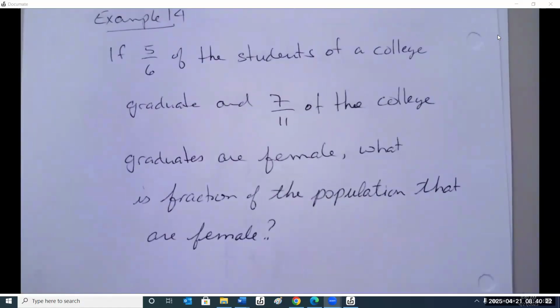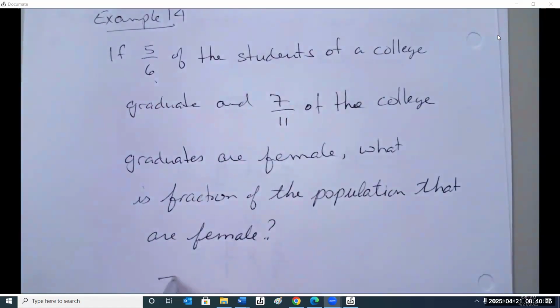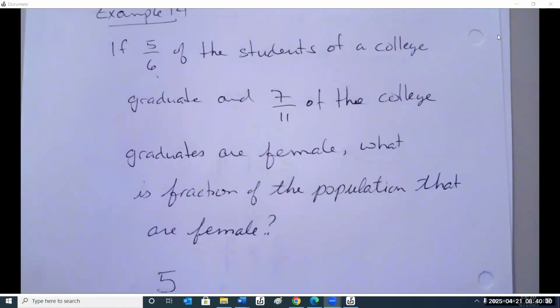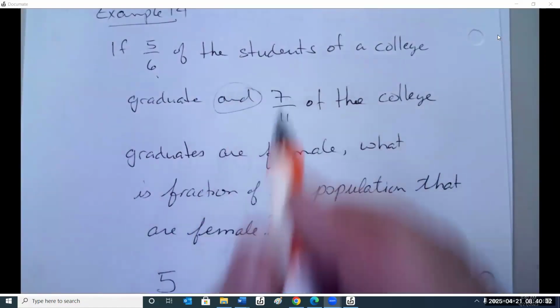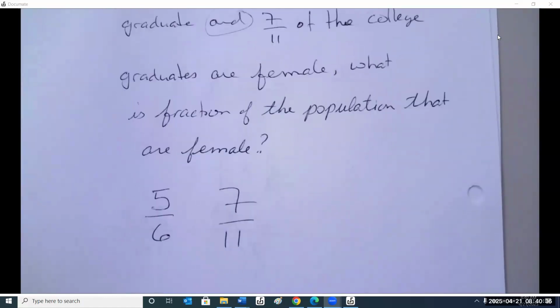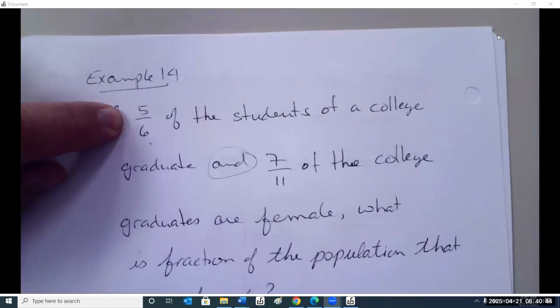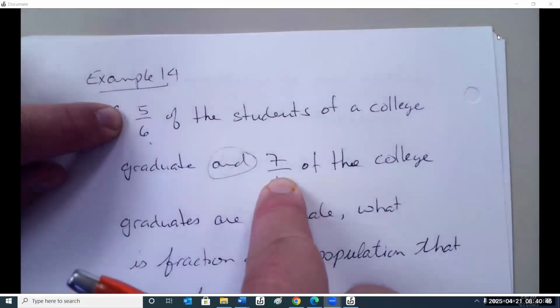Let's look at this. So 5/6 of the student body, so we have 5/6. And we have 7/11. So what this is really saying is that 5/6 of the students that are graduating, 7/11 of those are female.